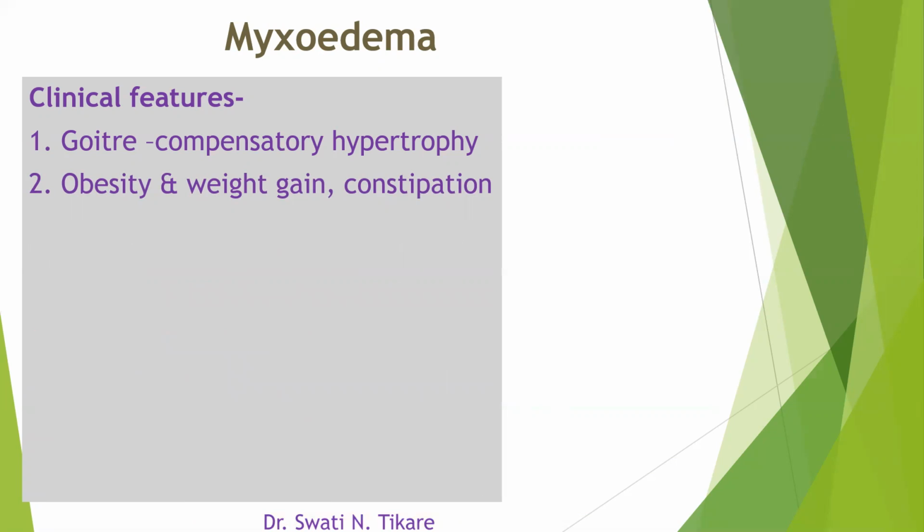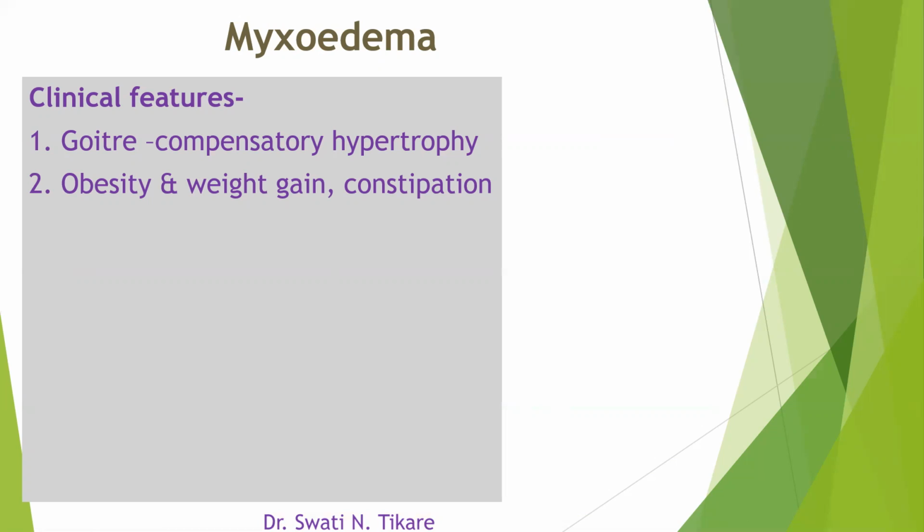Second, obesity, weight gain is there because, as you know, the thyroid hormones are important for increasing the basal metabolic rate and also the oxygen consumption, and hence they are thermogenic. They spend energy. Whenever thyroid hormones are there, they spend energy. So in the deficiency, it causes obesity and weight gain.